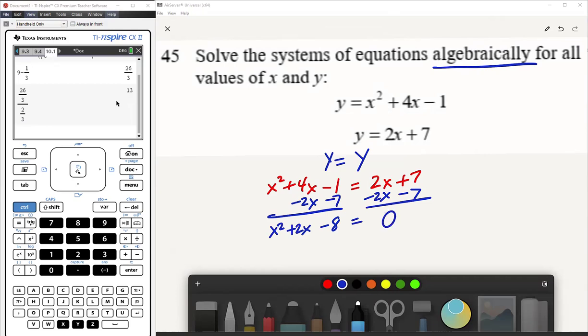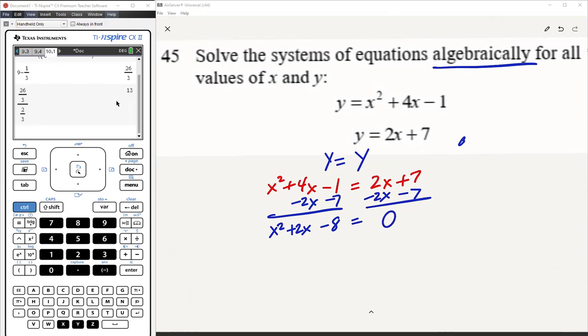Now all I'm going to do is find the a, which is 1, the b, which is 2, and the c, which is negative 8. I know I've got to put something here, so I'm going to say x is equal to negative parentheses, plus or minus the square root of parentheses squared minus 4 parentheses.